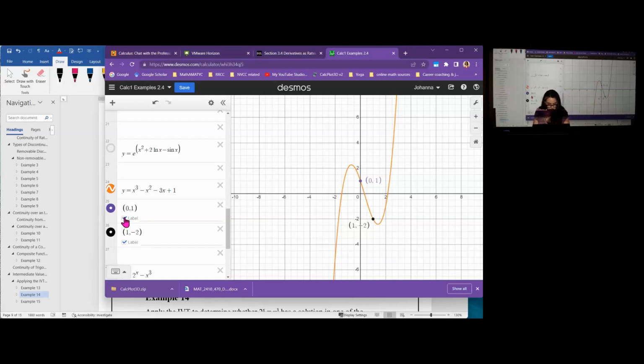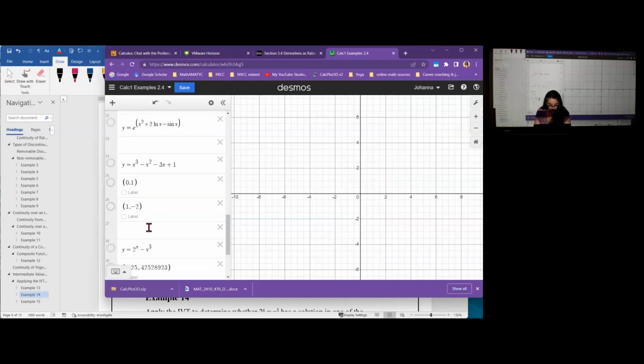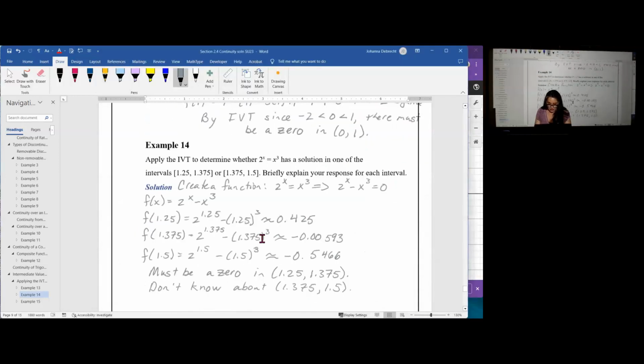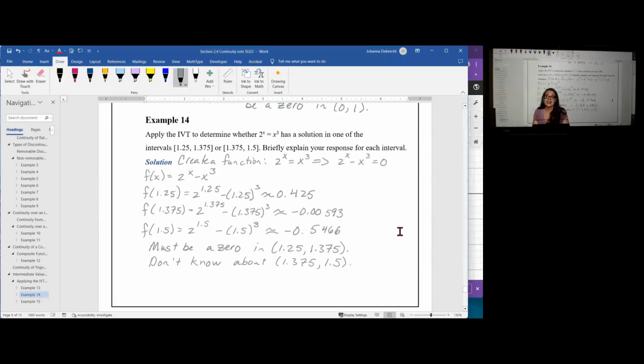Let's now turn our attention to the next example, which is our last example for this section. This is a rather more difficult problem because of the function and because it's not defined as a function to start. In the beginning, it just wants to know, is there a solution for x to the equation 2 to the x equals x cubed?